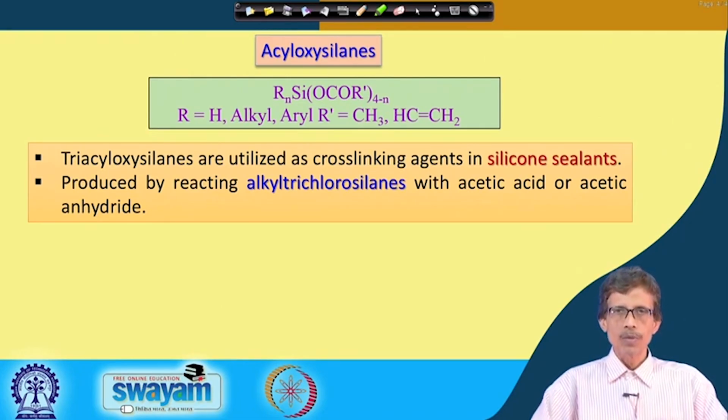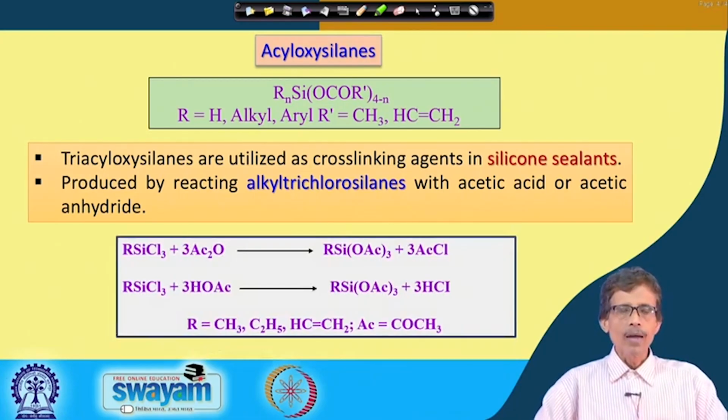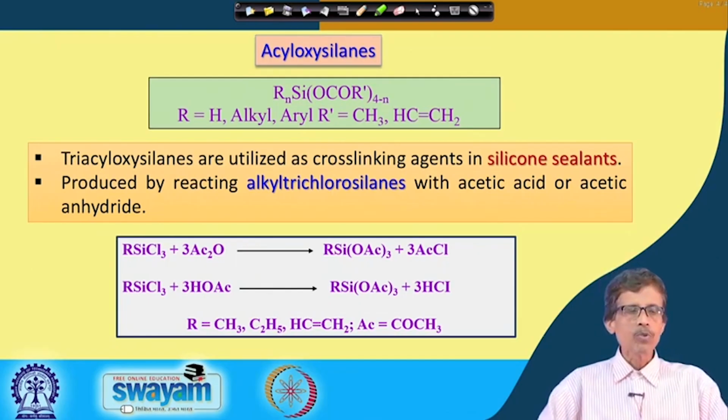If the alkyl functions are more, what we have seen, but if the alkyl group is less, you can have the more number of Cl groups attached to that particular silicon center, and you directly react that with the acetic acid as well as your acetic anhydride. So, the reactions are very simple and very straight-cut one. Only thing that for the production of acyl oxysilanes, we have to use RSiCl3, which are nothing but methyl trichlorosilane.